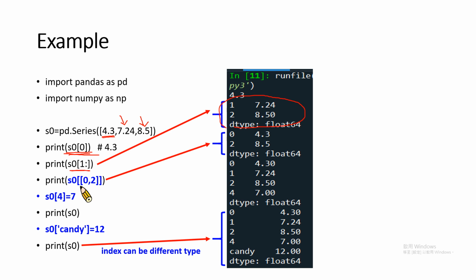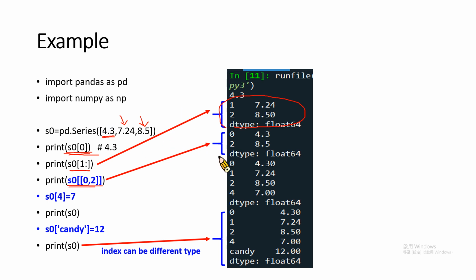And this is another special representation of the series. If we want to get multiple values of the series, so we just want to get the elements whose index is 0 and 2.